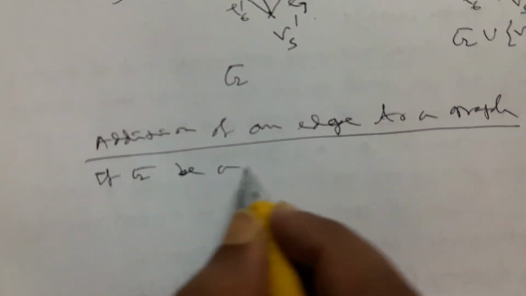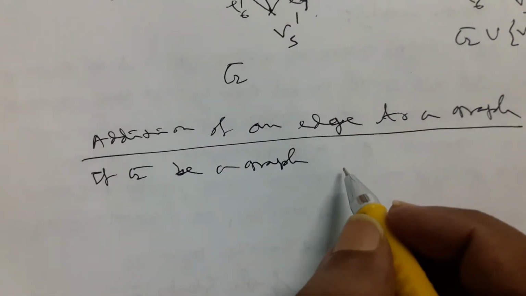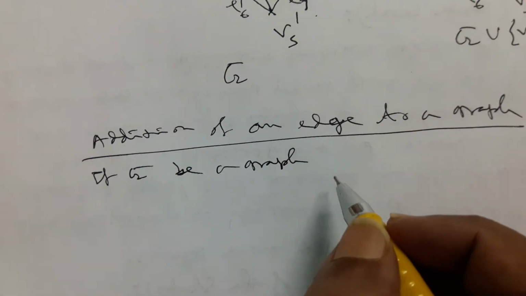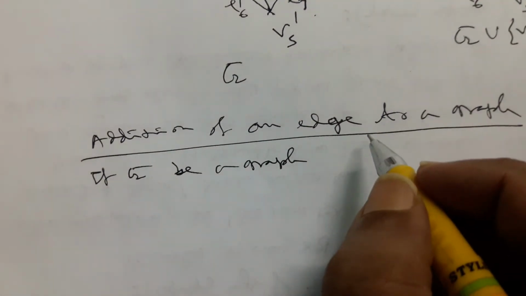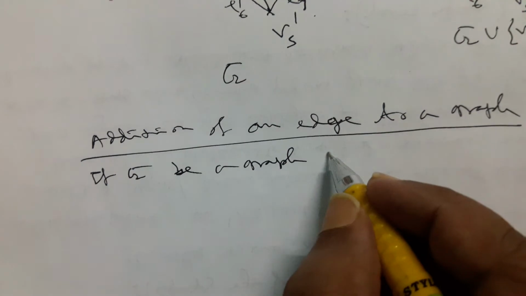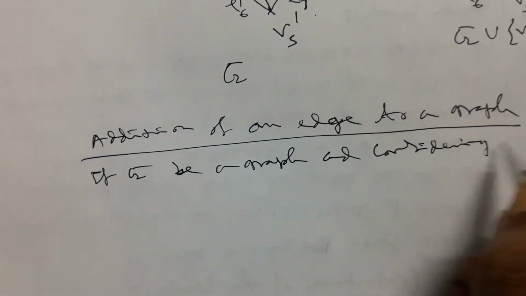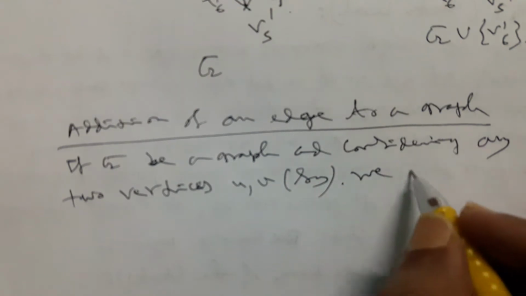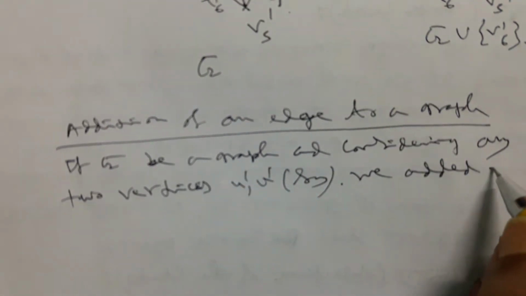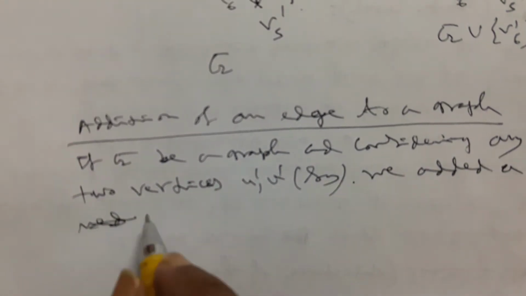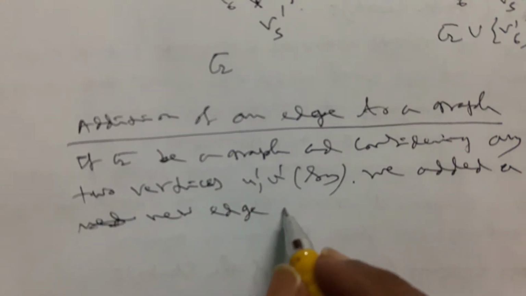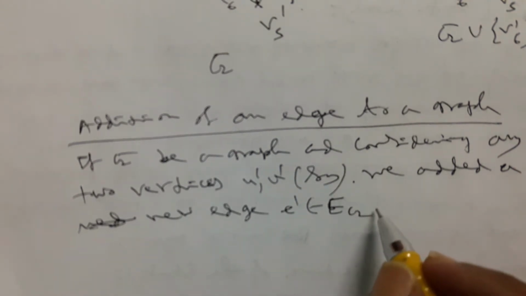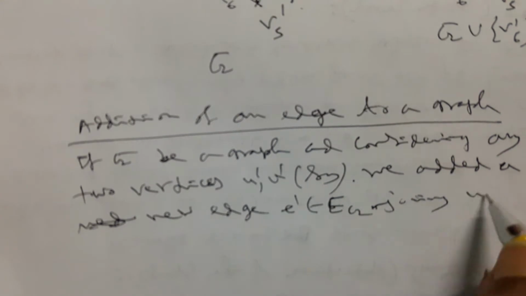It is the same thing. At first, let us consider the definition, which is simple. Addition of an edge to a graph. Let G be a graph, and consider any two vertices u dash, v dash. We add a new edge e dash, not belonging to E of G, joining u dash and v dash.